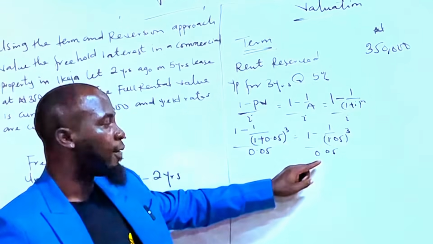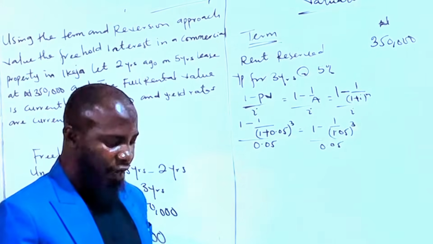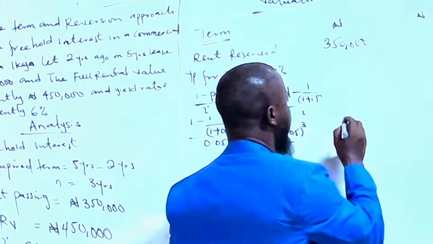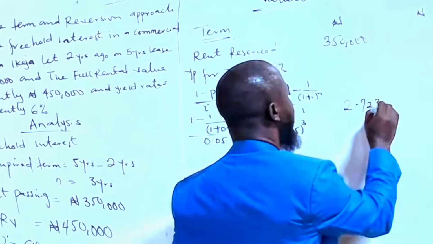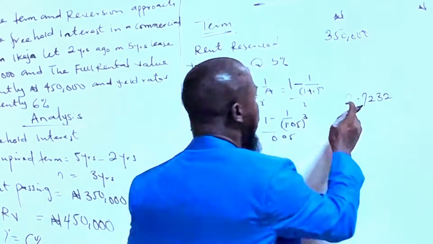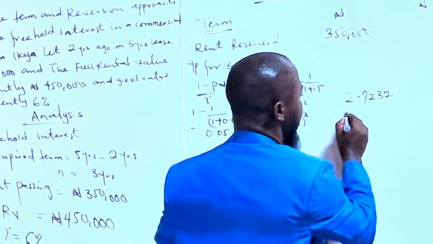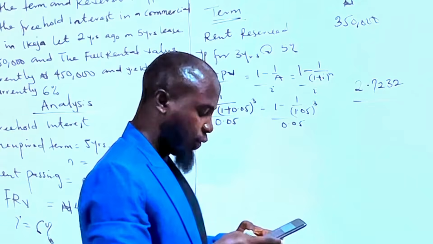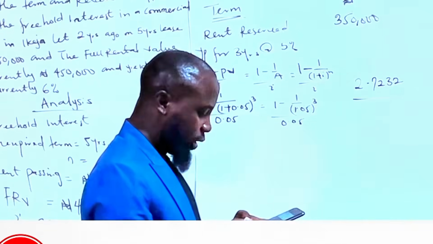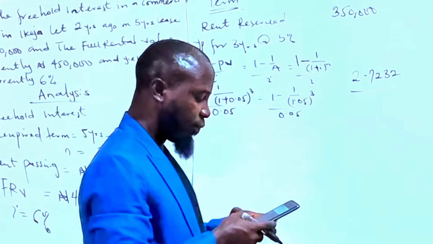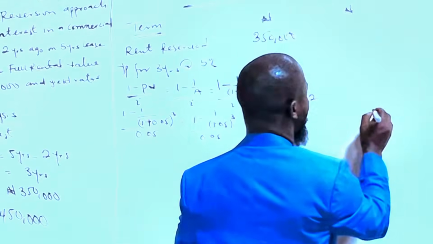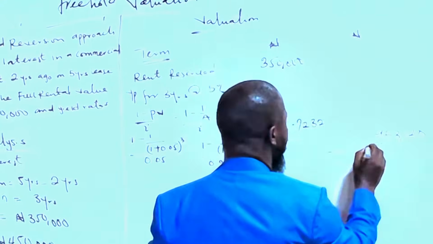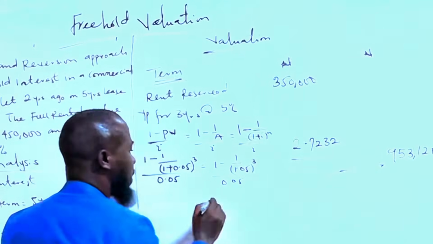Then divide this by 0.05, we have 2.7232. So when you multiply this by 350,000, the value you have is the capital value for the term: 953,120.